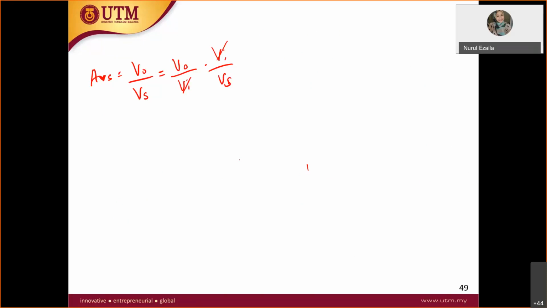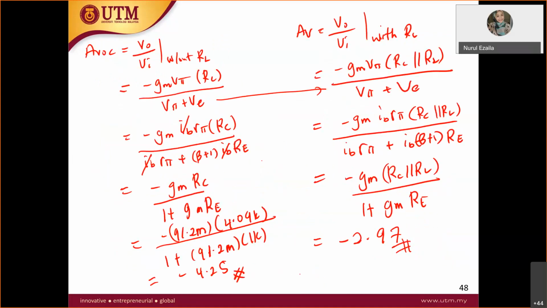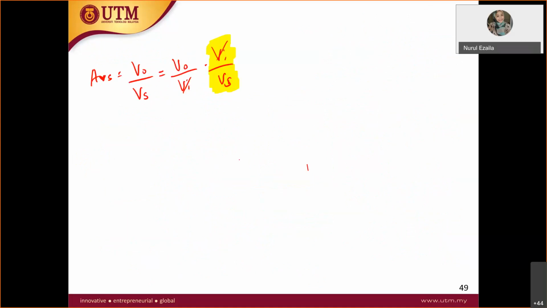Where do you get this portion? It's from the input circuit here. V in over Vs, you need to do the voltage divider to find V in. If you do like this, this is your Vs, and the transistor model here is Rs, and then you have here your Zin.